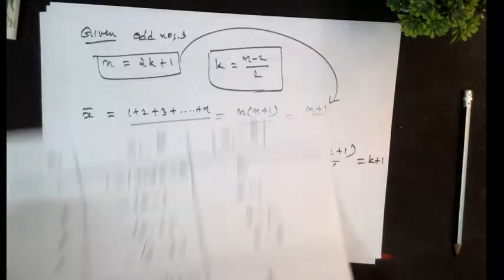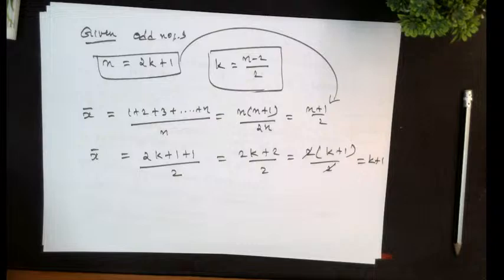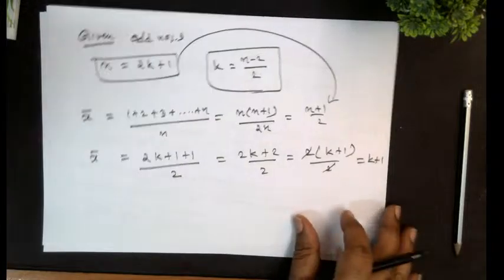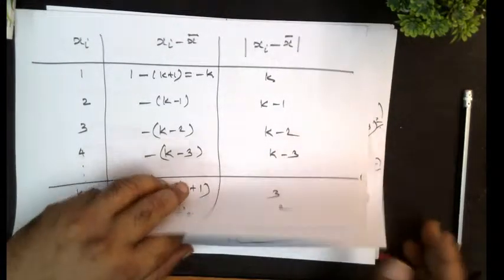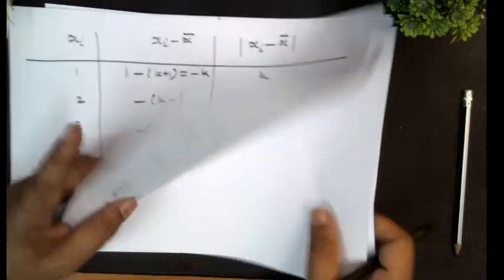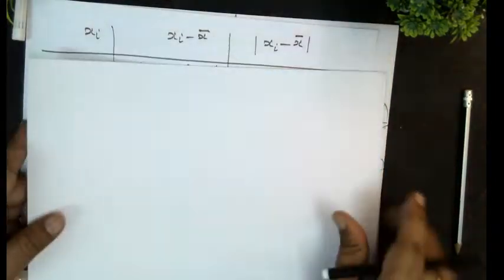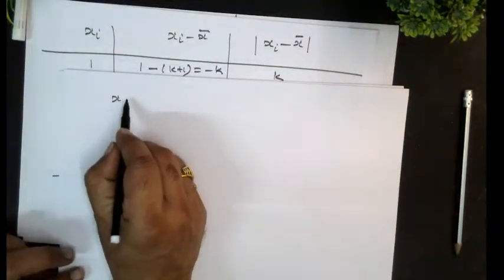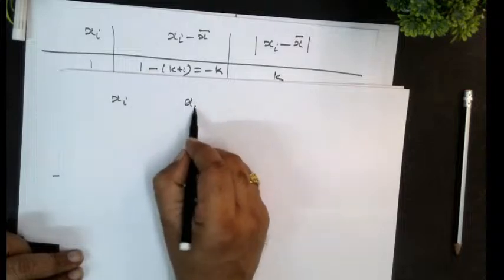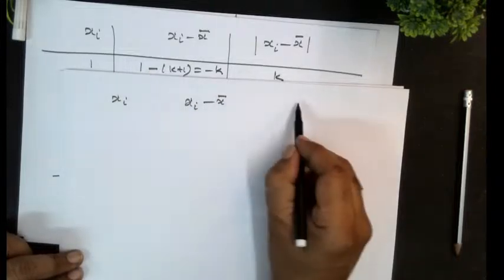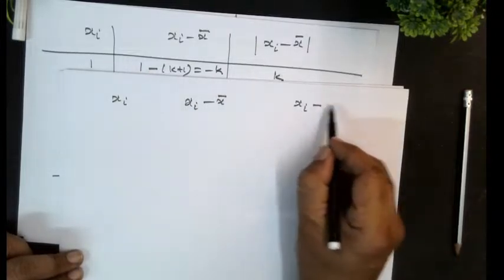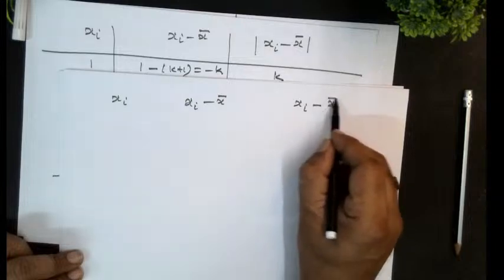And what about k? Similarly, that is x bar, xi minus x bar, and this is modulus of xi minus x bar.